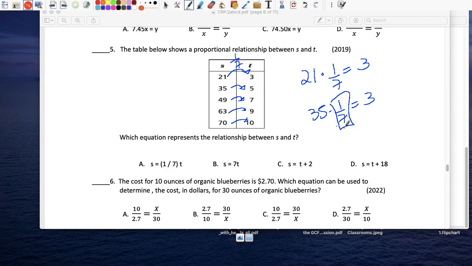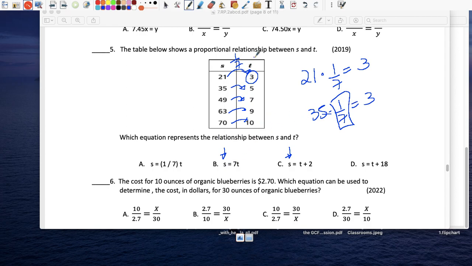Right, so T, well, in this case, it says what is S equal to? S is always going to be 7 times the value of T, right?